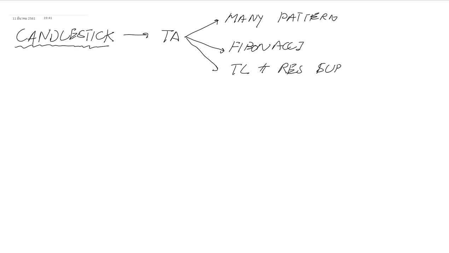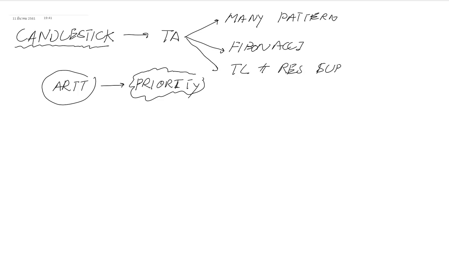But in ARTT, when we learn any knowledge, we need to identify or verify priority. Priority is very important for a trader to pick up the signal to make an adjustment. Why is adjustment very important?